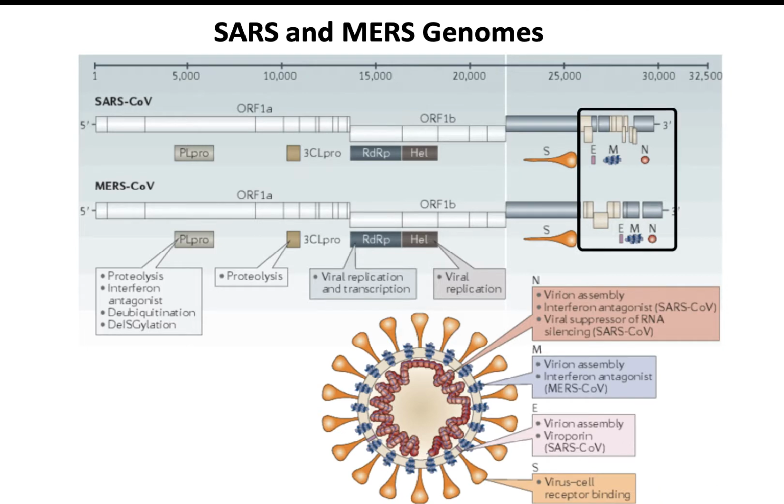And then some of the other genes at the end, E, M, N, and some of the other pieces there are also surface proteins to maintain integrity of the virion, as well as interact with the immune system to disable it, essentially. So some of the functions of the coronaviruses: they stimulate some interactions of the immune system while they inhibit other functions of the immune system.